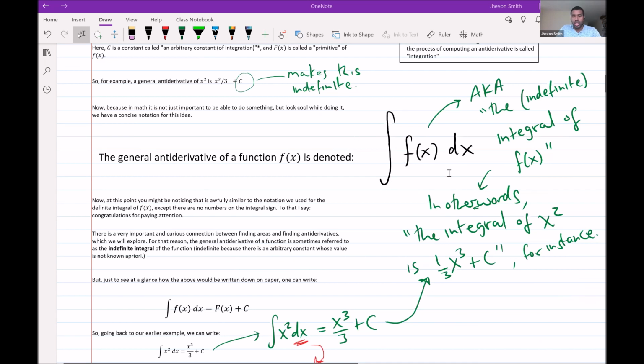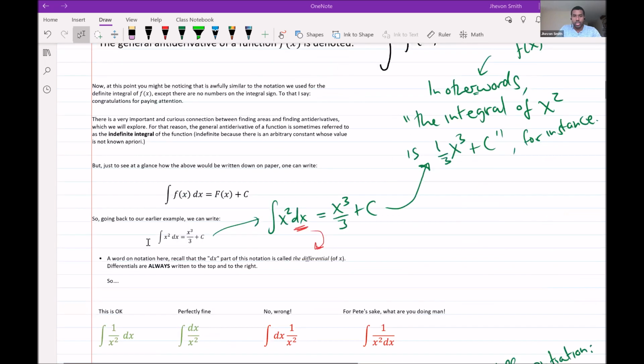This is called an indefinite integral, and it is what we use to show the antiderivative. So for example, me saying the integral of x squared dx is the same as me saying, what is the antiderivative of x squared? And your answer is going to be x cubed over 3 plus c. The plus c is there because if there were a constant, it would have died when you took the derivative.